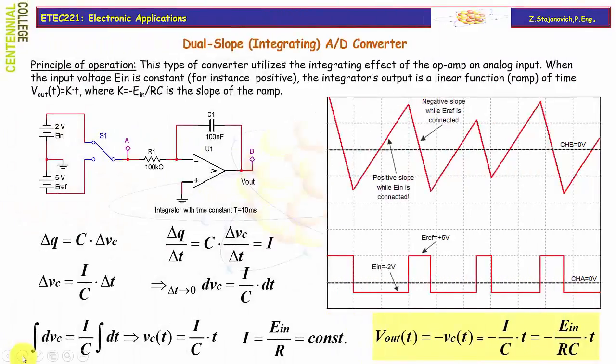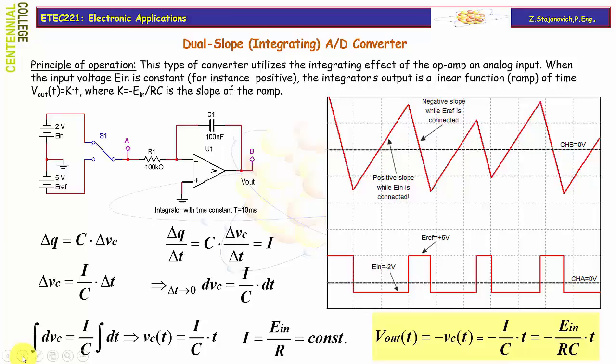Dual slope integrating analog to digital converter. This type of converter utilizes the integrating effect of the op-amp on the analog input. When the input voltage EIN is constant, for instance positive, the integrator's output is a linear function of time, or ramp as we say, and it can be defined as Vout equals K times T, where K is a constant.